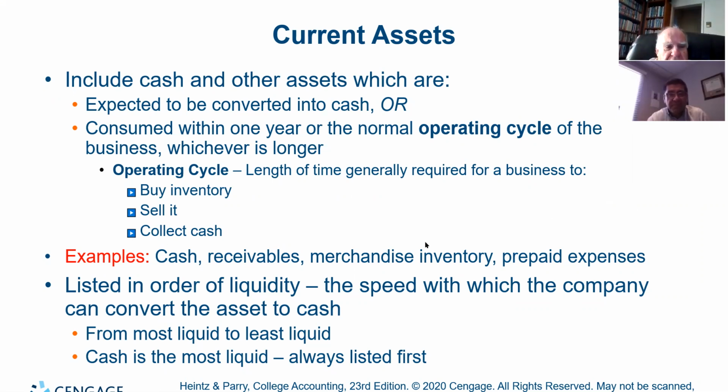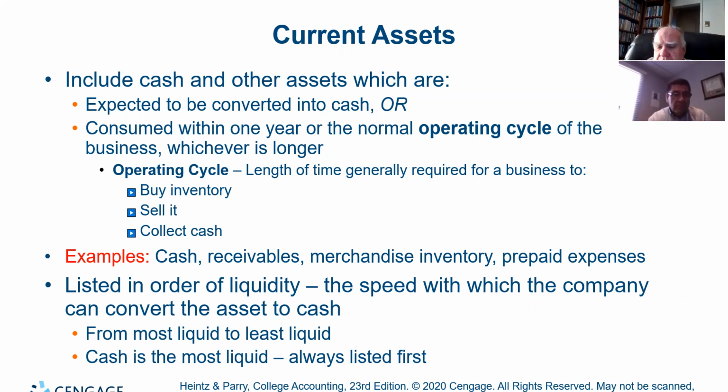The operating cycle: you buy inventory, sell it, and collect. Now, this is important. On your balance sheet, everything is listed in order of liquidity, your current assets. Cash is the most liquid. Accounts receivable is probably going to be the next one.